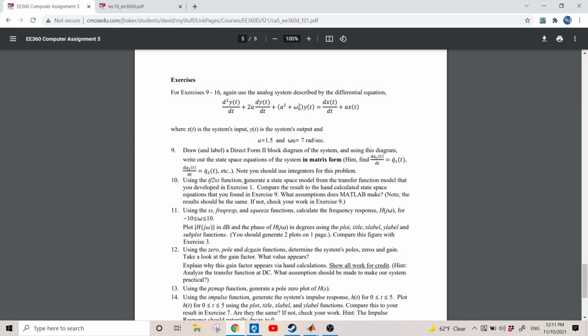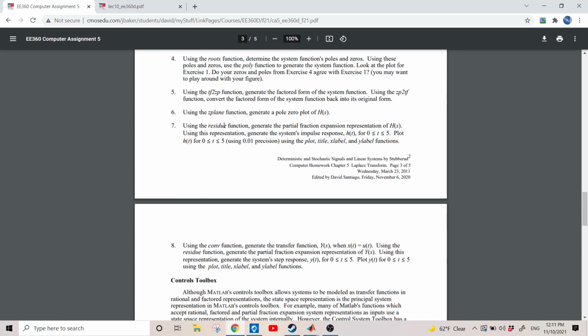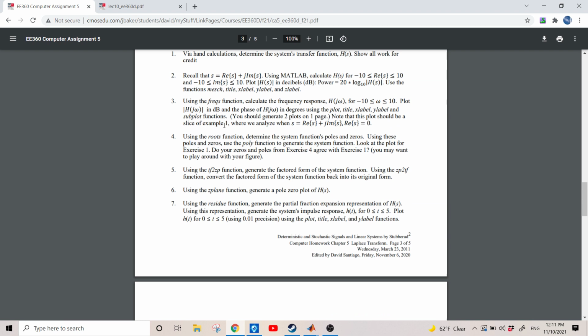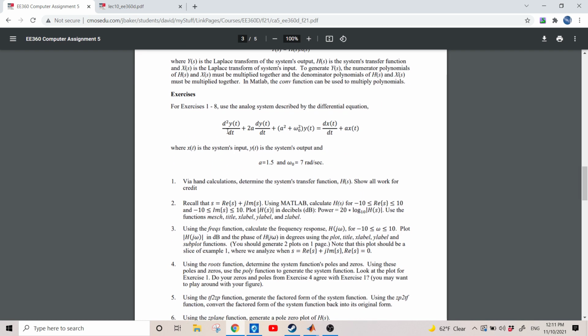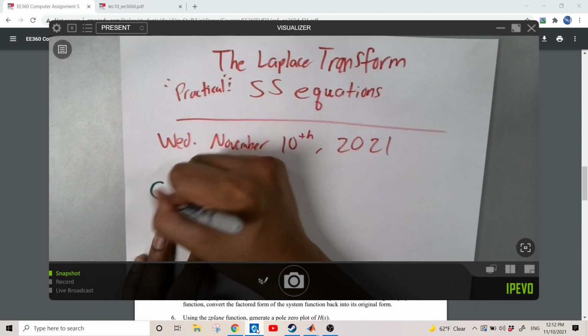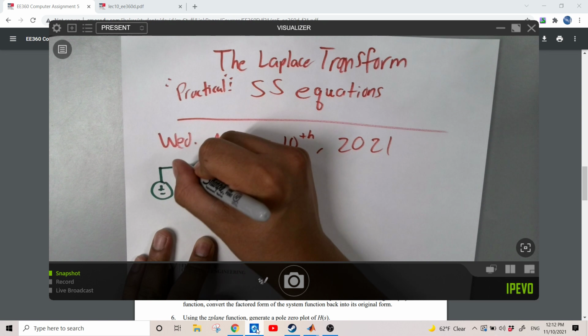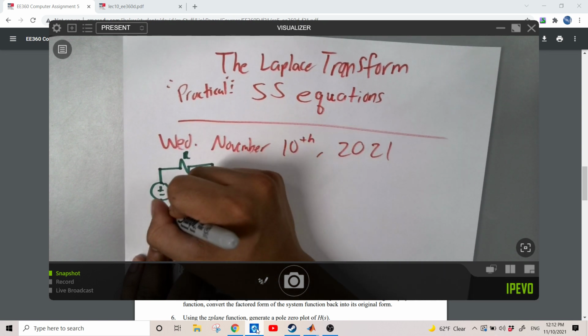Let's go over that. From the last lecture on Friday, we went over the first half of the assignment, and it wasn't that bad. We did an RC filter. Let me show you this. Here is the circuit, plus minus, this RC.